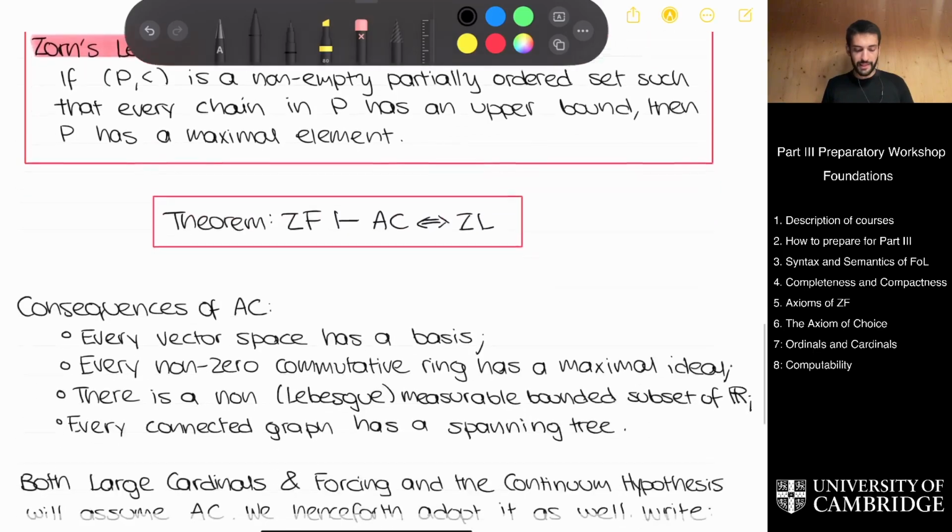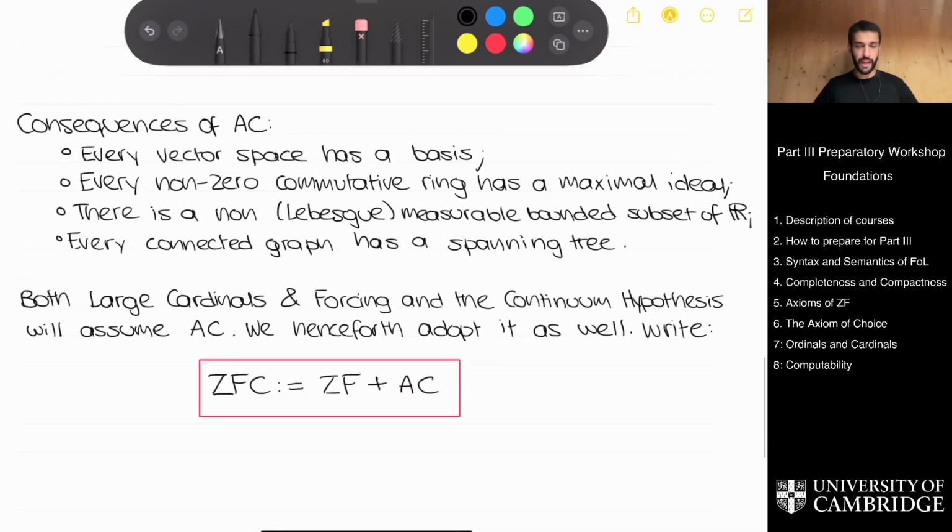Let's see some consequences of the axiom of choice that maybe you have already been assuming in most of your other courses. A consequence of the axiom of choice, which is in fact even equivalent to it, is that every vector space has a basis. This sounds fairly reasonable, and so it sounds fairly reasonable that one should be able to prove this in this axiomatization of mathematics.